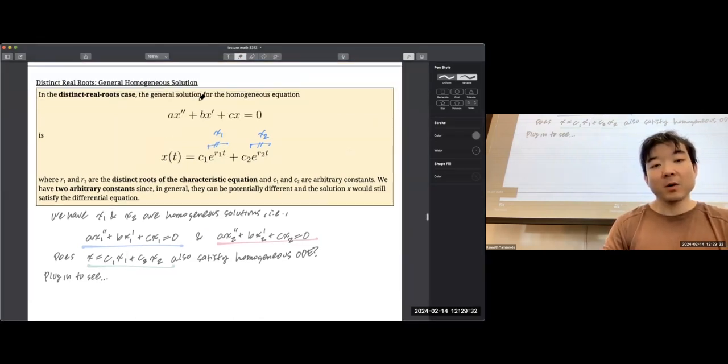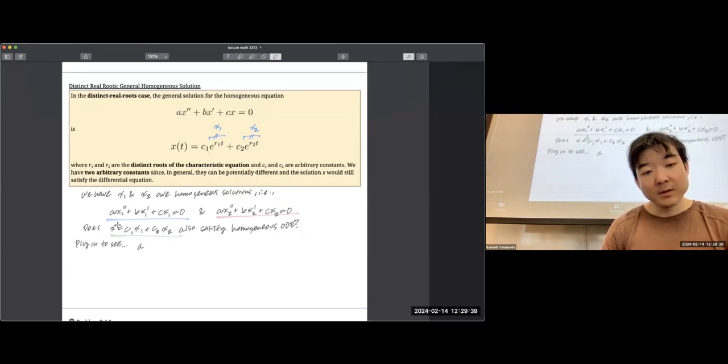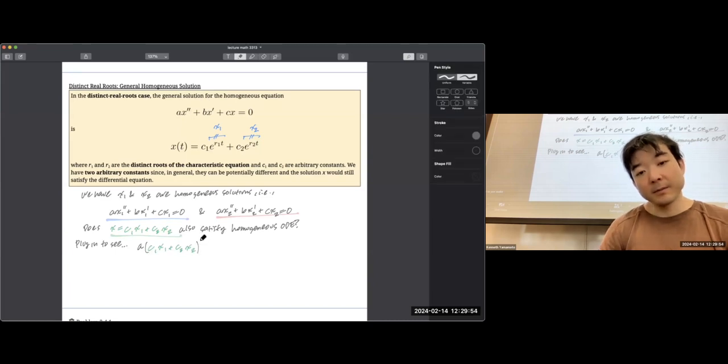So what that means is I'm going to go back and plug it into this differential equation up here. I'll use green on this so that you'll see clearly. It's going to be A times this solution, double primed, plus B times the solution prime, plus C times the solution.